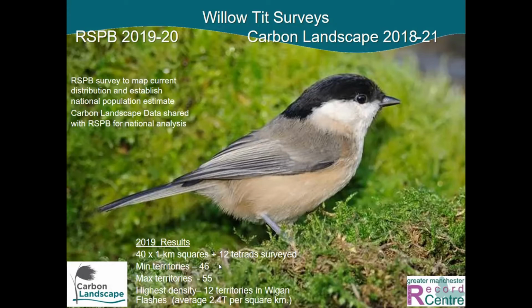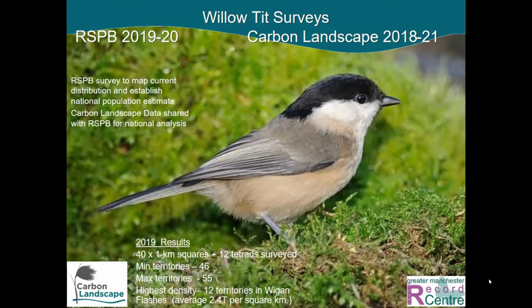We got a minimum of 46 territories, max of 55, and the highest density was actually in the Wigan Flashes, where there were about 12 territories. But I'm not including Worston Eyes in this figure, as you'll see shortly.